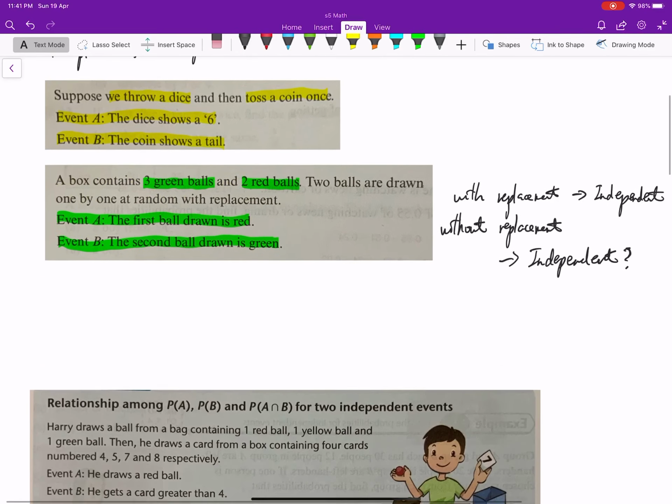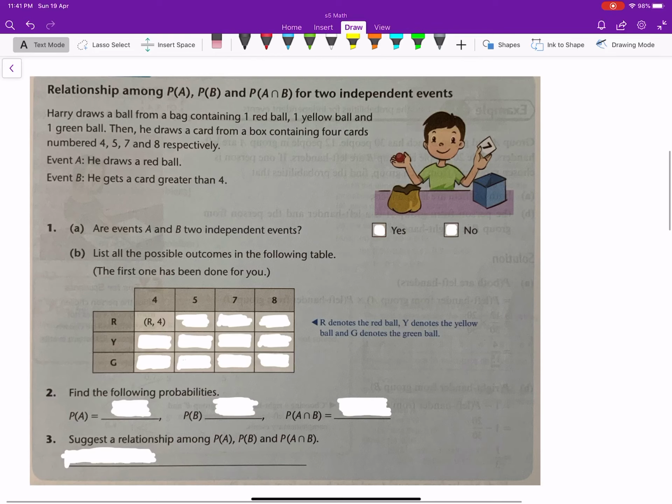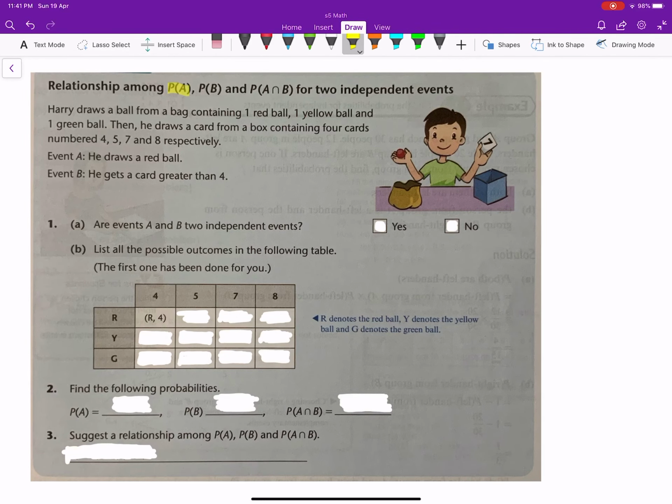So let's look at the relations between P(A), P(B), and P(A and B). So now Harry draws a ball from a bag containing 1 red ball, 1 yellow ball, and 1 green ball.